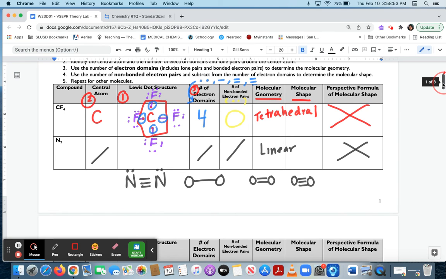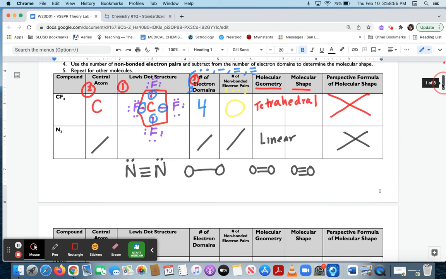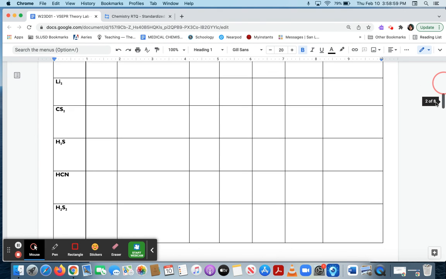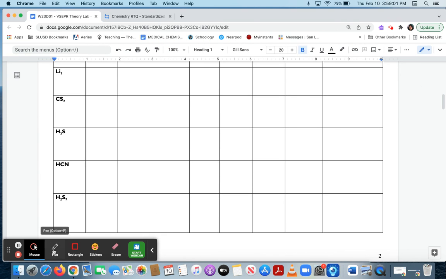So for these 2 problems, hopefully that will help you out with the rest of them. Just to give you a couple of clues and hints for checking in, notice that Li2 is also 2 elements only. And for CS2, this would be my Lewis dot structure.